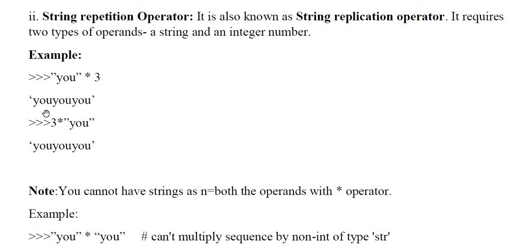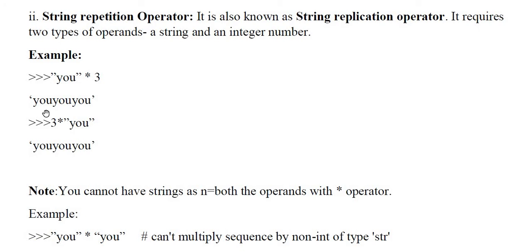See here, if you want to print u 3 times, then just string, asterisk mark and 3, it will print it 3 times. If you write the number before and the string after, then the same thing, it will print u 3 times.